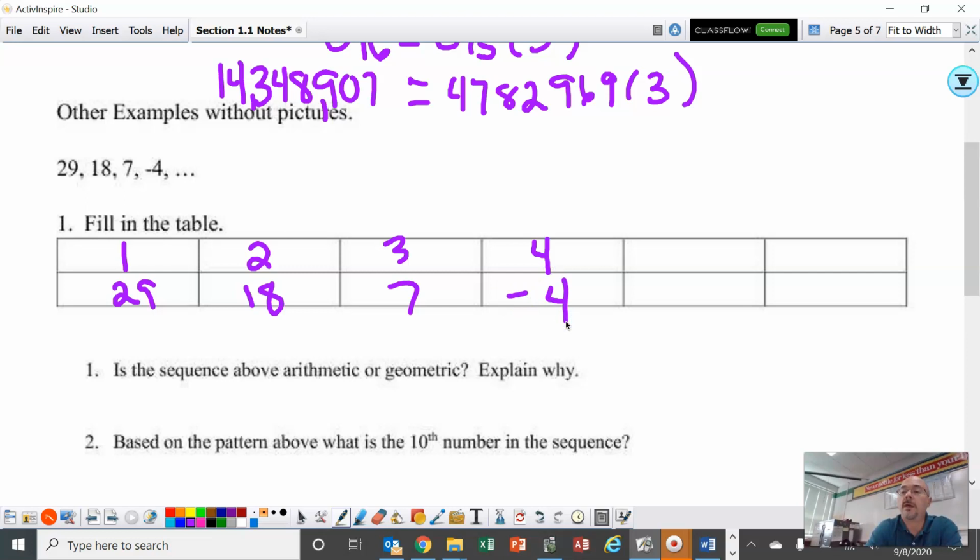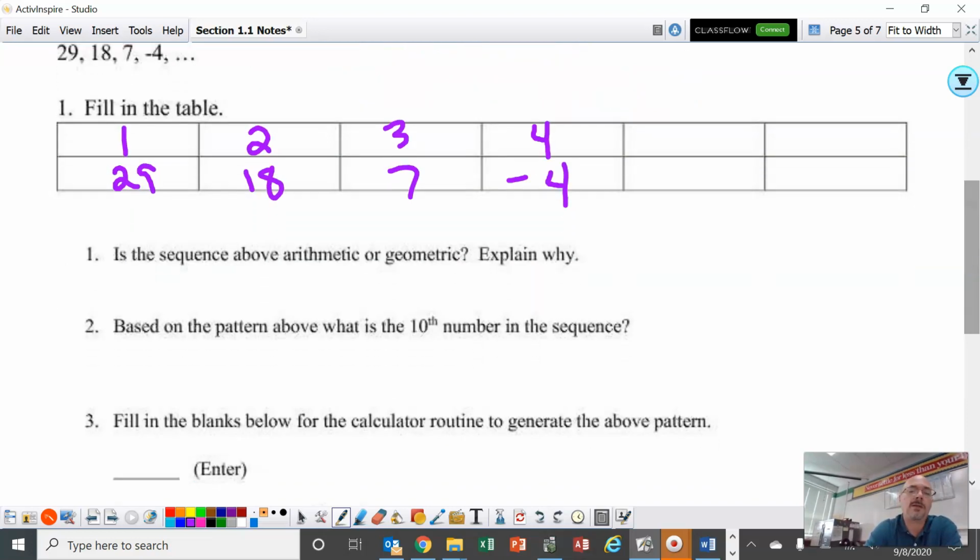So is this arithmetic or geometric? Well, I'm going to start by checking to see if it's arithmetic. Is there anything I'm adding? I'm checking. Oh, I'm adding -11. Yep, -11 here too. -11 here too.